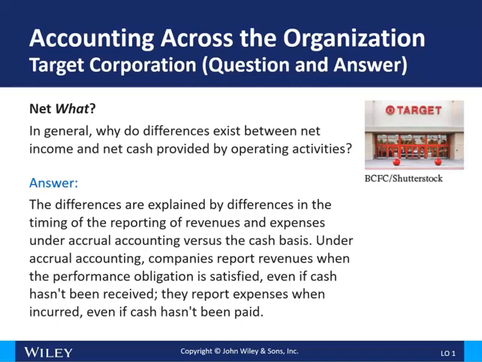So remember, accrual accounting, we report revenues when the performance obligation is satisfied, even if cash hasn't been received. Expenses, we report when they're incurred, even if we haven't paid the cash. So that timing difference is going to explain why our cash from operating activities is going to be different than our net income.